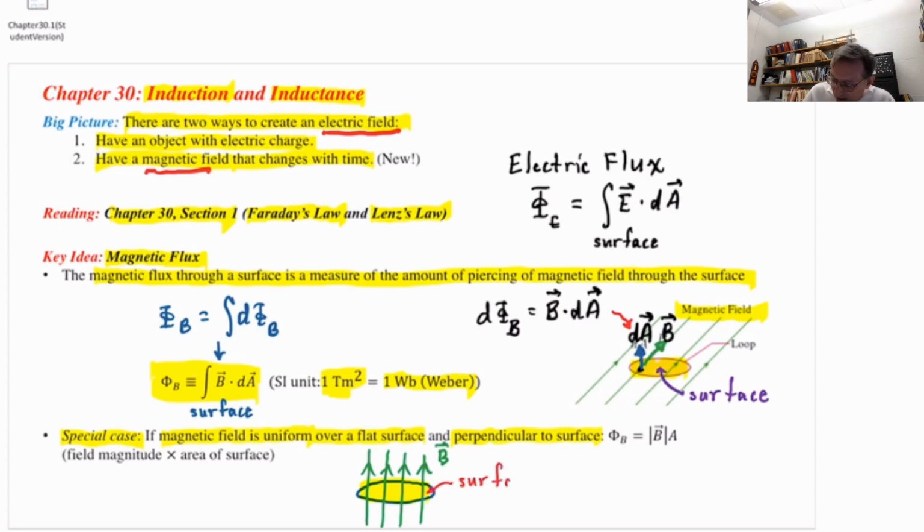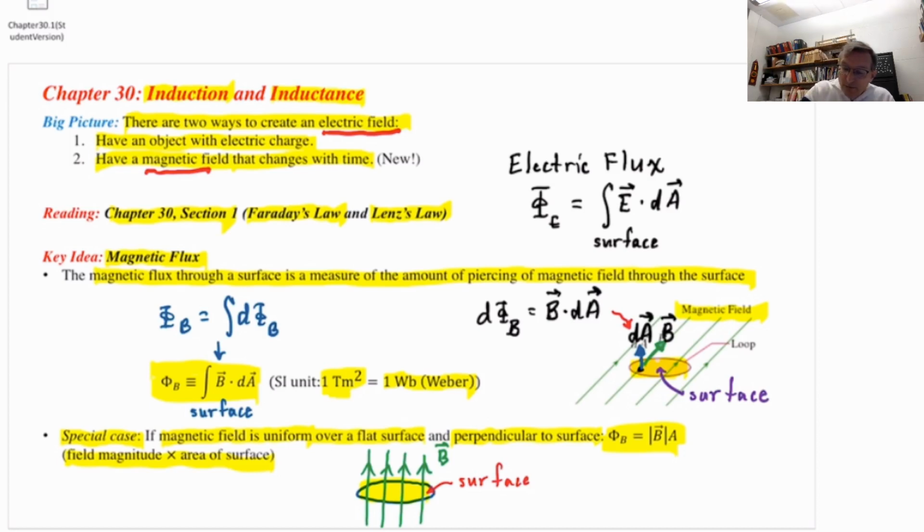If we have all that going on, a flat surface, a uniform B, and the B is perpendicular to the surface, then that integral of B dot dA does simplify to merely taking the field magnitude times the area of the surface. And we'll use that shortcut when it's applicable because it's handy.